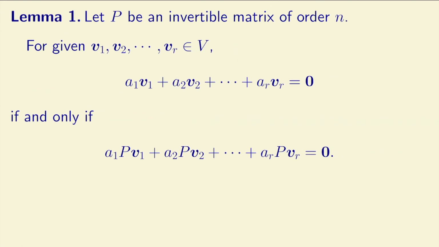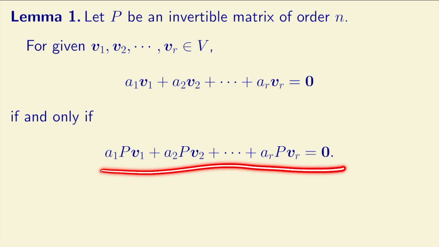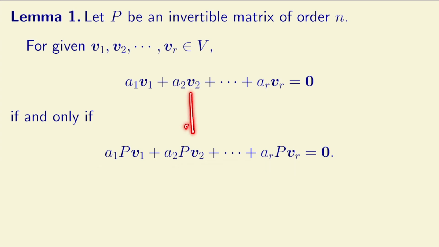The next few pages are just the proofs for why this method works. See this first lemma? It says that a linear combination of vectors is 0 if and only if the linear combination of those same vectors, but multiplied by an invertible matrix P, is also 0. Wait. So a1v1 plus ... equals 0 if and only if a1Pv1 plus ... equals 0.